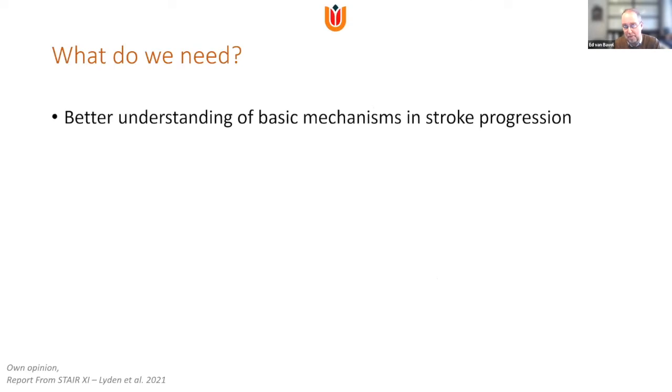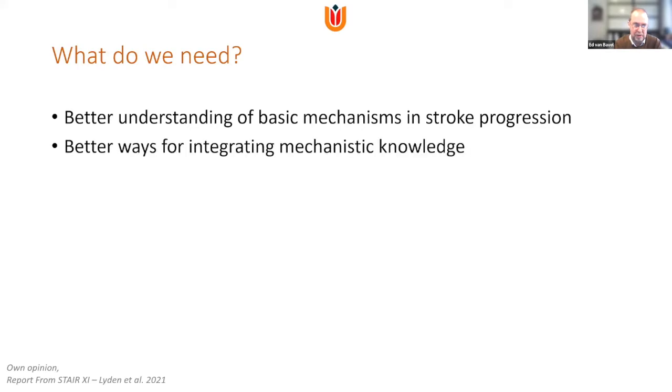What we need to do, in my opinion, is better understand what's going on. We need better basic mechanism understanding in stroke progression, because there are so many questions unanswered. I also think, and you can see this from this interactive loop, that we need to integrate our mechanistic knowledge.